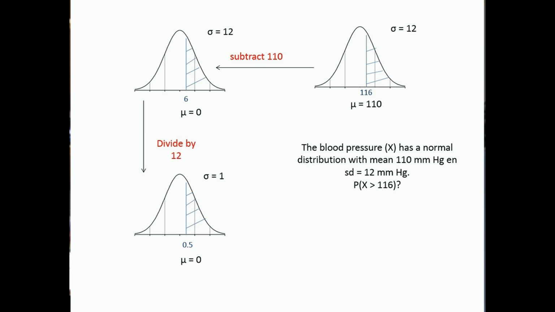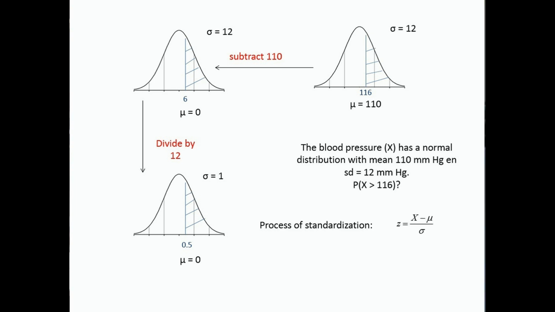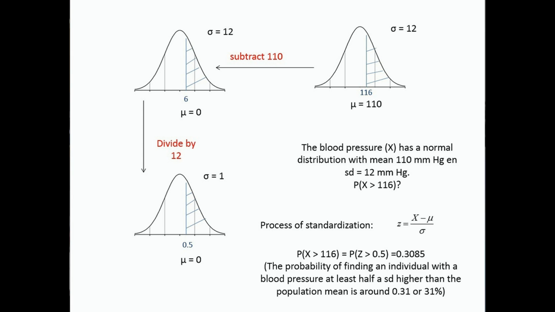This process is called standardization, and it enables us to use the table of the standard normal distribution. The probability of finding an individual with a blood pressure larger than 116 from the given population is equal to finding a Z value larger than 0.5.